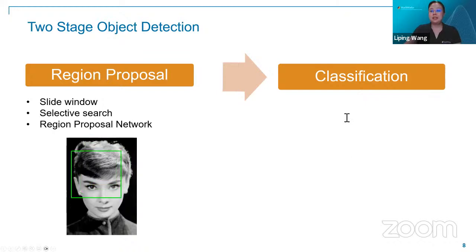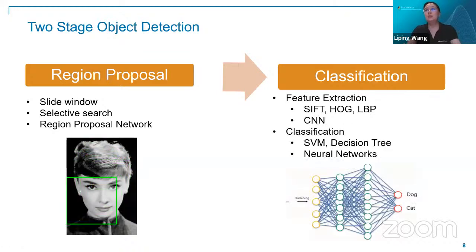And then the second stage is called classification, where we can use traditional feature extraction algorithms like SIFT, HOG, LBP, or we could use a general convolutional neural network to extract features. Then the next step is classification. We could use traditional machine learning algorithms like SVM, decision tree, or use a neural network. So usually the object detection algorithm consists of these 2 stages.